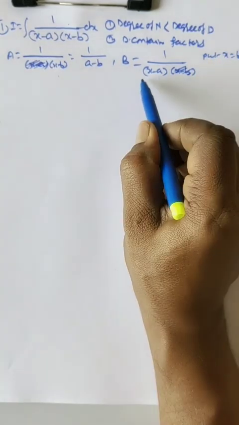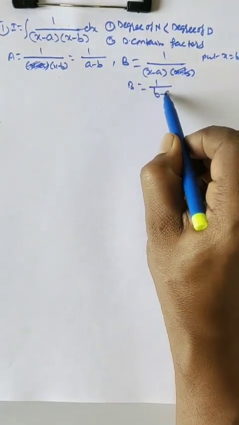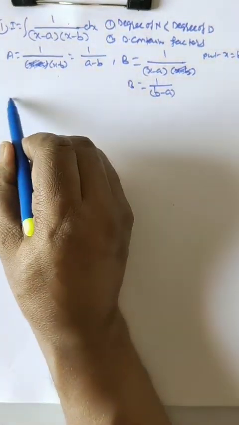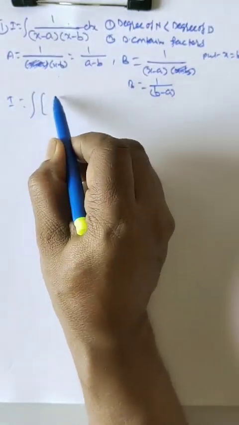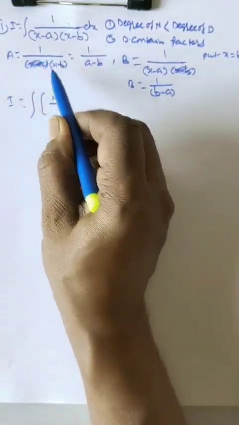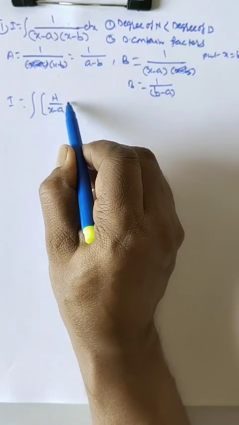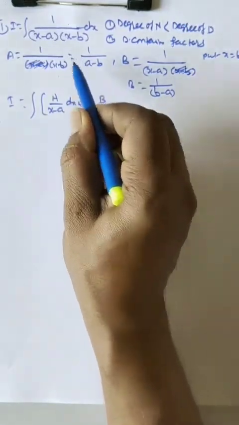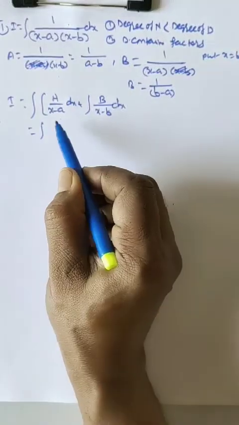Therefore the value of b is 1 upon b minus a. Now the shortcut method: I equal to integration of a upon x minus a dx plus integration of b upon x minus b dx.